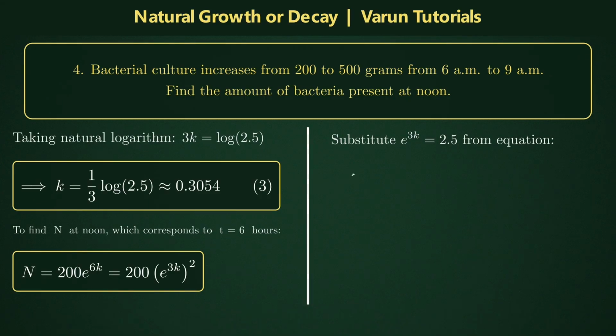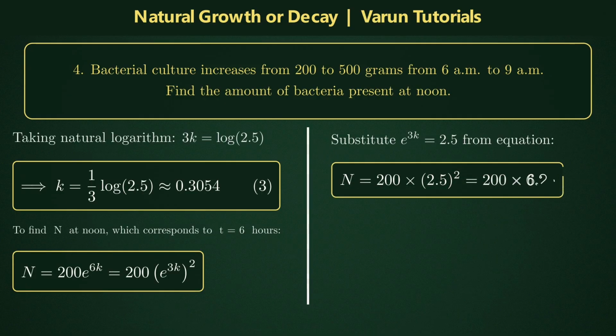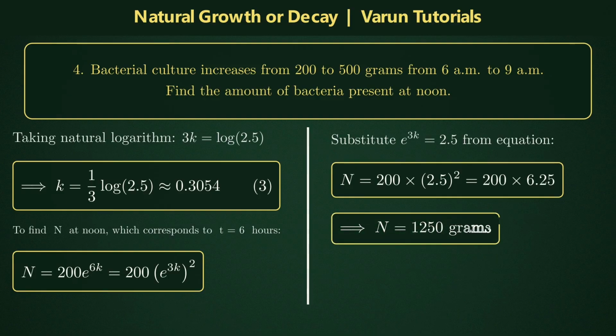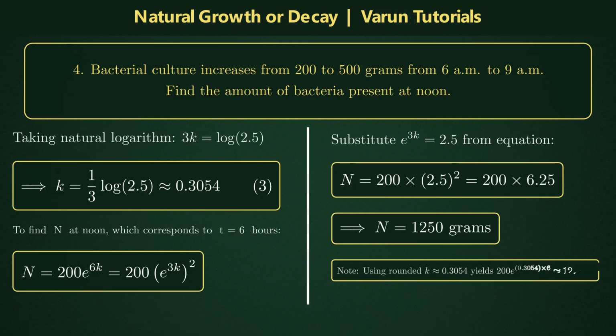Since 2.5 squared is 6.25, this simplifies to n equals 200 times 6.25. Multiplying these values yields n equals exactly 1250 grams at noon. Note that using the rounded value of k gives 1249.8 grams, while the exact calculation yields 1250 grams.